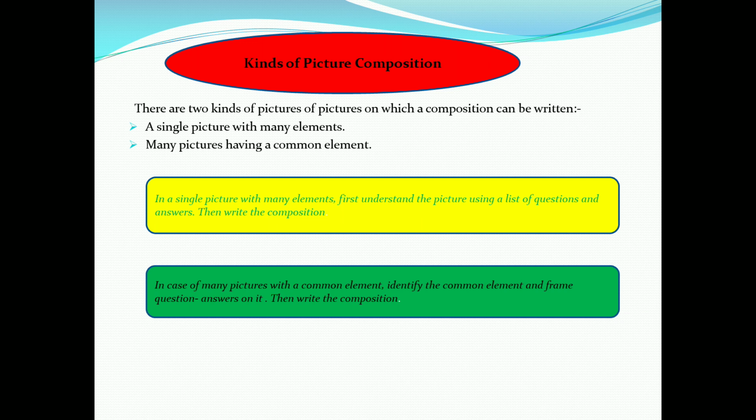In a single picture with many elements, first understand the picture using a list of questions and answers. Then write the composition. Whereas in the case of the second, that is many pictures having a common element, identify the common element and frame questions and answers on it. Then write the composition.